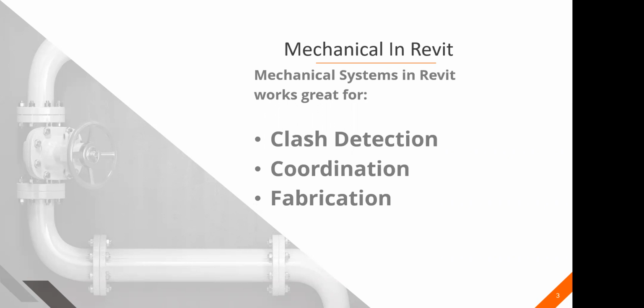I think that's typical. So clash detection, coordination, and then the last bit, fabrication. With fabrication, there are parts and pieces within the model that can then be sent to your shop floor for fabrication machines. There's a lot of capabilities Revit has, especially now with all the plugins.